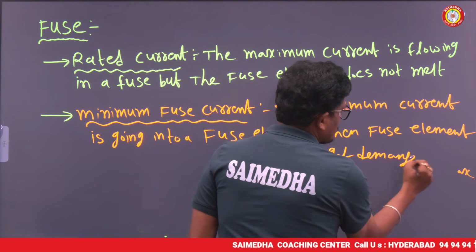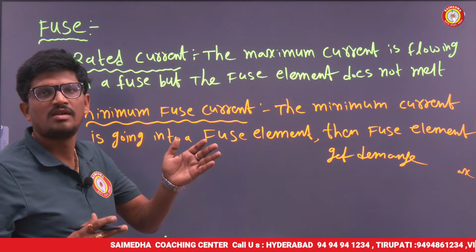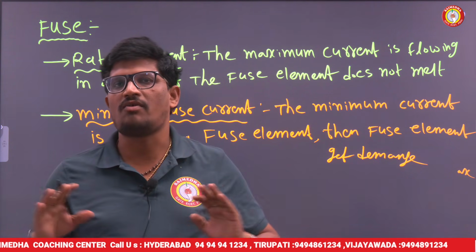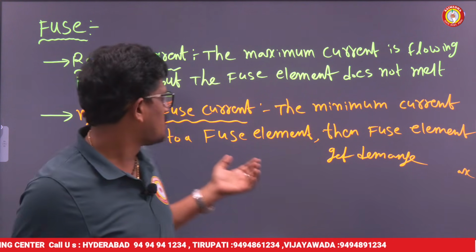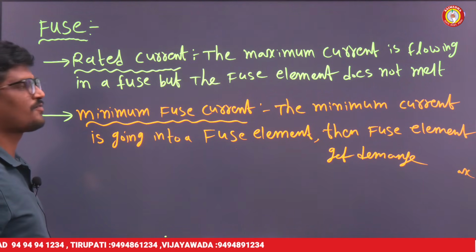Fuse element gets damaged, nothing but fuse is melted out, that means circuit is open. When circuit is open, no fault current enters the load. Hence our load is very safe. This is the difference between the rated current as well as minimum fuse current.